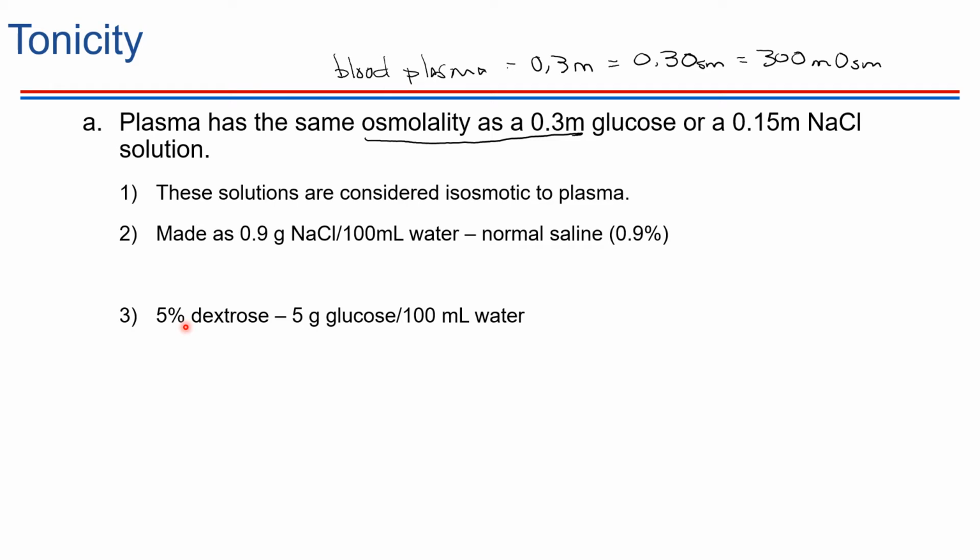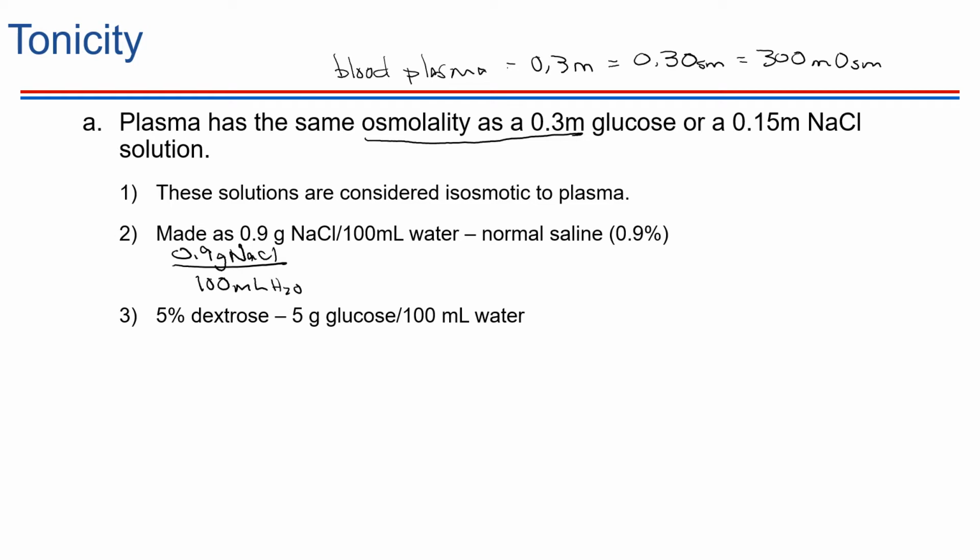I'll show you how to do that here, and then I want you to do that for the 5% dextrose. A 0.9% solution is the same thing as 0.9 grams of NaCl per 100 milliliters of water, so I'm just going to write this down here.